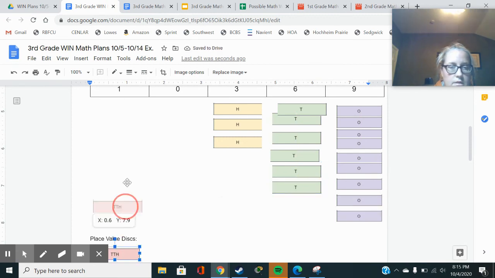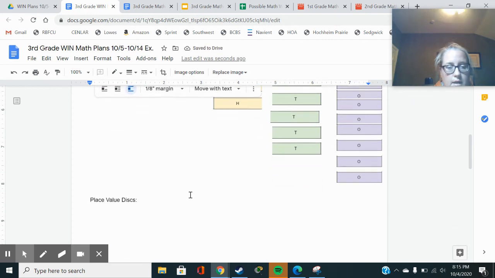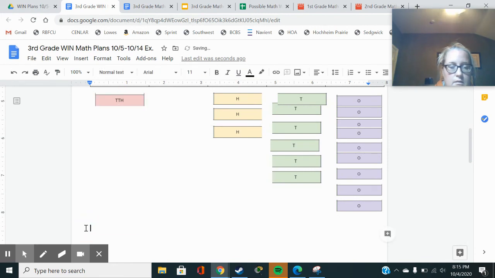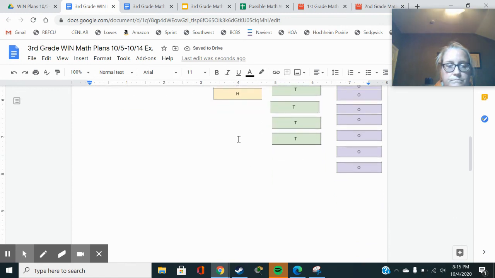You are going to do the same thing, and I know that yours is going to look much neater and nicer than mine. So there are my place value discs, so I'm going to get rid of that so that I know it's up there. So there are my place value discs modeling my number.